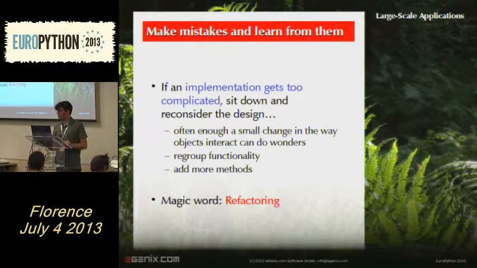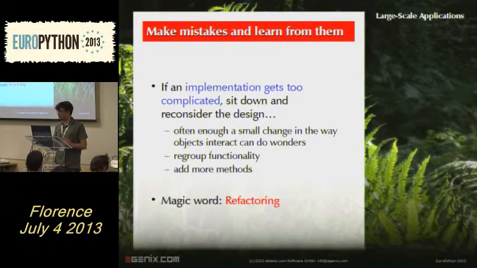Right, make mistakes and learn from them. Obviously, I mean, you cannot get everything right the first time. And very often the customer also doesn't get things right, and you have to make changes. So if something gets too complex or it becomes ugly for some reason, then you just have to sit down and make a few changes.